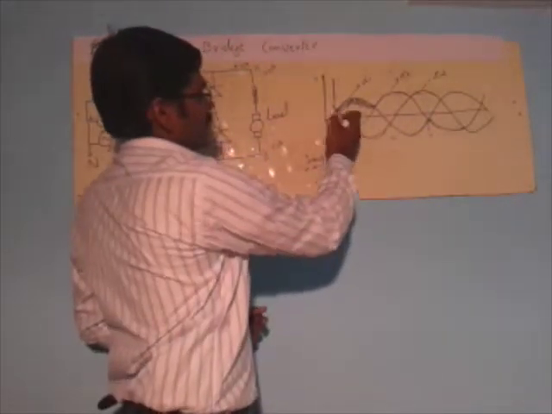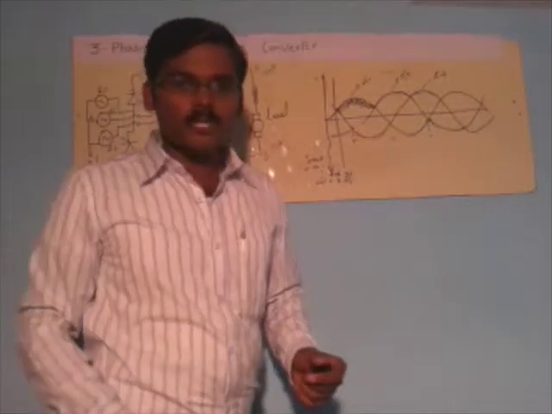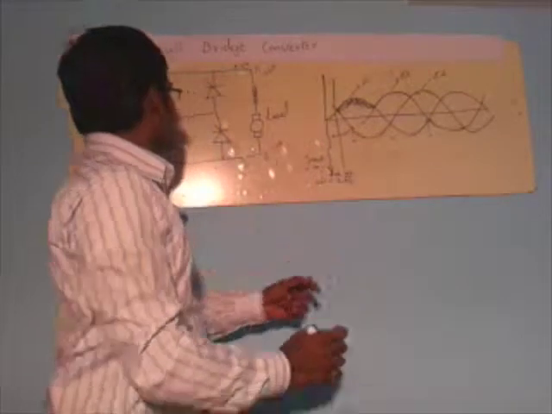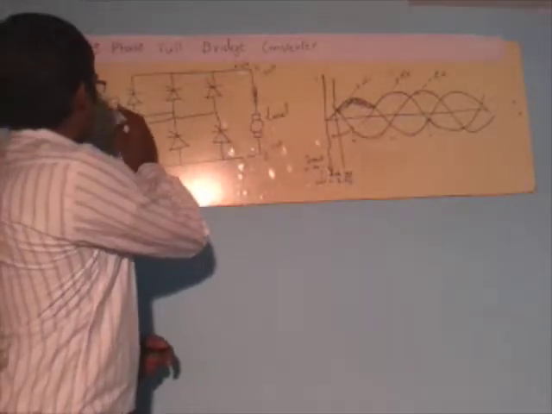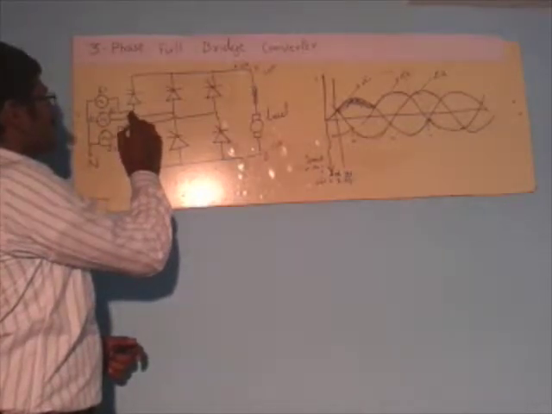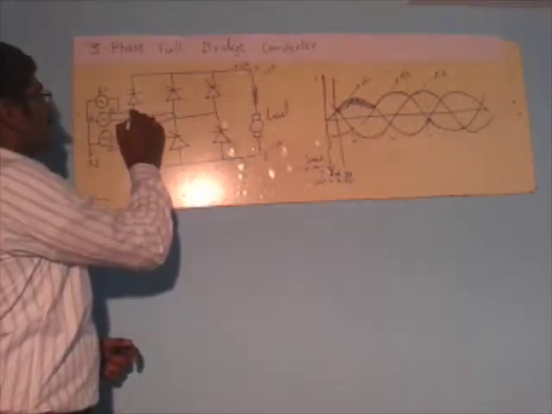We can see here this waveform from source E1, and during this period it will go to the anode of the thyristor.